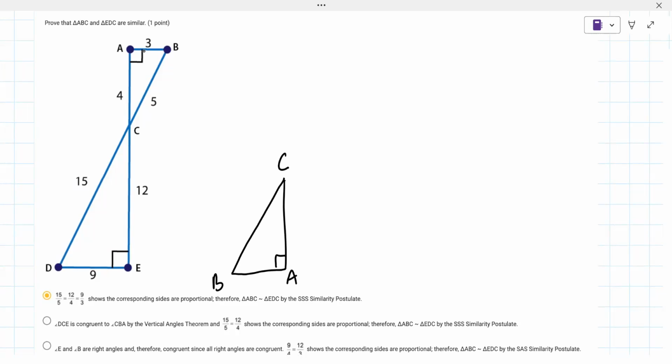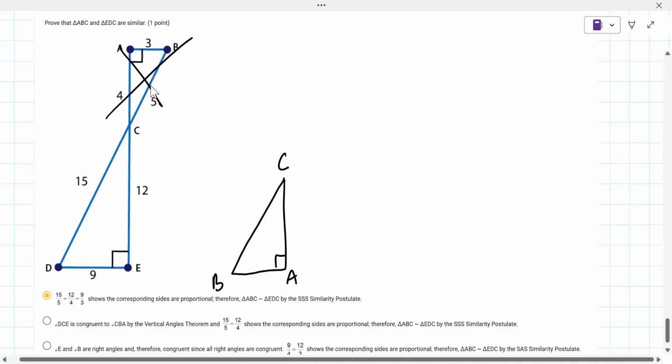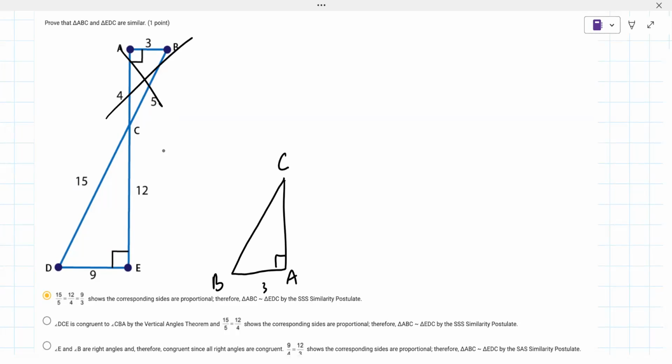Sometimes you really want to look at them as if they're in the same orientation. And then you label it.